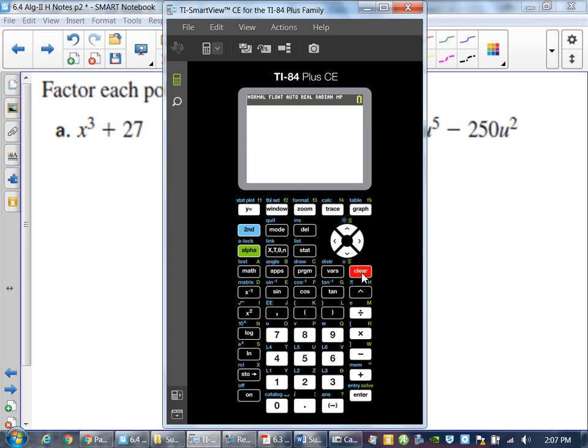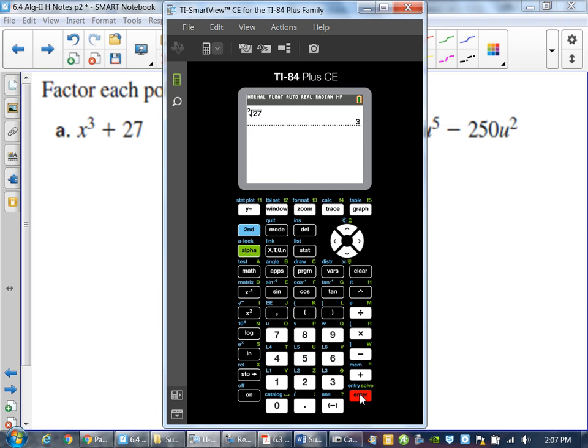In your calculator, there's a button that does cube roots. I believe if you hit math, it's option 4. Option 4 is cube root. And if I type in 27, it gives me an answer. Now, what happens if I have to check a fourth root or a fifth root?